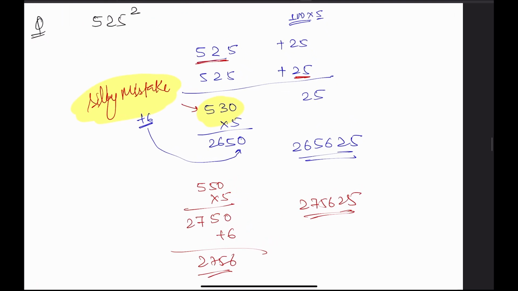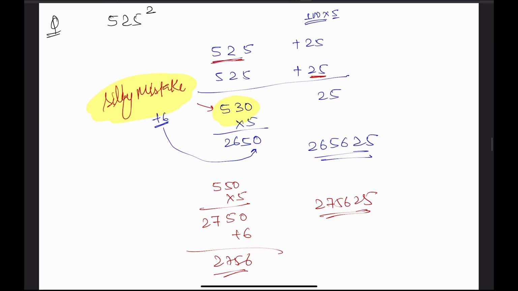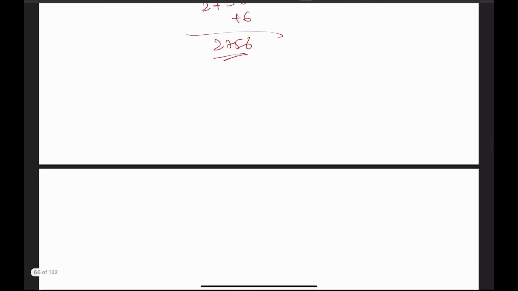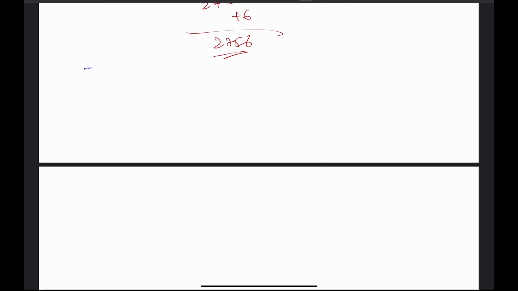And if I need to approach this question the other way around, like someone asks me 525 square, we just know what we have to do. It will be 52 into 53 and the last two digits are 25. So 52 into 53 is what? Let's just solve 52 square and then plus 52. 52 square, again let's try to solve in our mind. 50 plus 2 is 52.